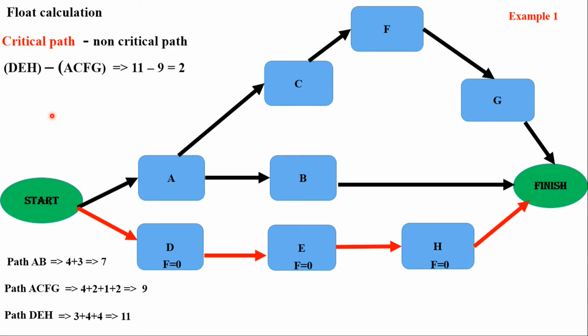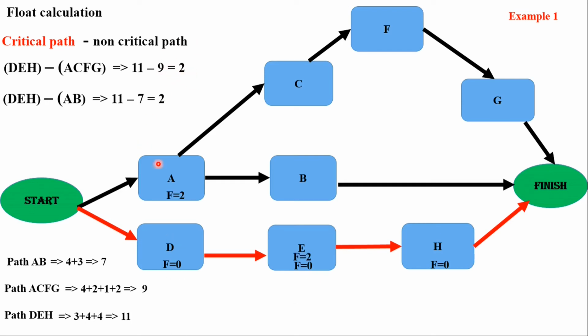As an example, you have the critical path which is DEH. For path ACFG, you subtract ACFG from the critical path DEH. So 11 minus 9, you have 2.